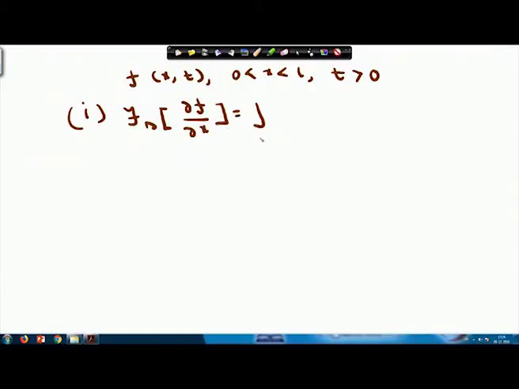From the definition, the finite sine transform of del f del x over 0 to L is the integral of del f del x into sin n pi x by L dx.